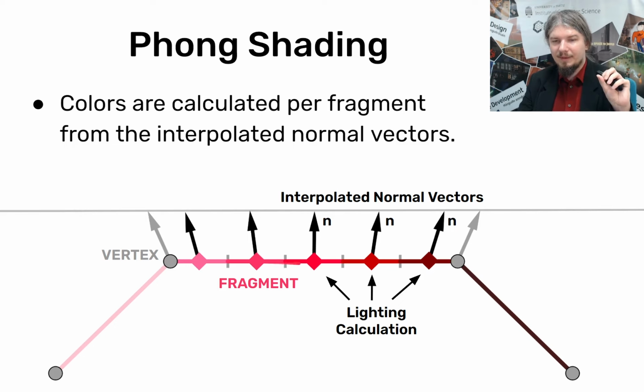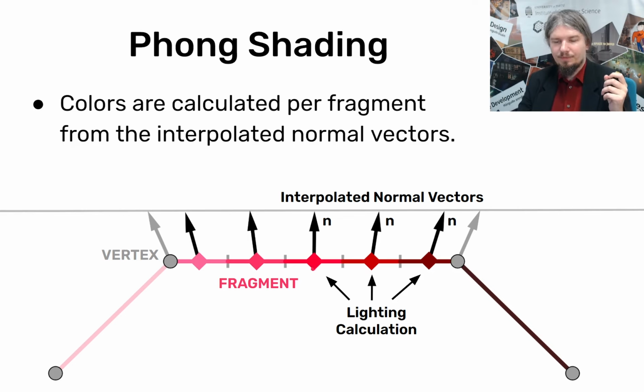So every fragment has its own surface normal, which is an interpolation between the surface normals of the vertices, and this is what gets you this smooth shade, because every fragment thinks that there is this nice curvature going on along this face, while in reality the face is actually flat. So the lighting calculation is performed at every fragment.